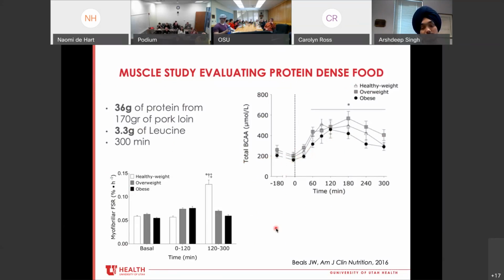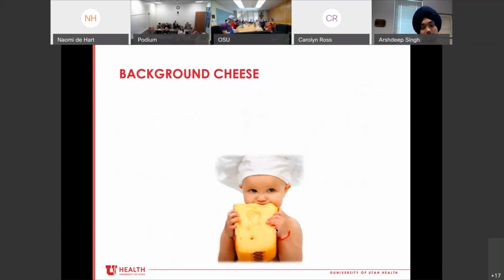So for my project, we wanted to look at cheese, in particular cheddar cheese. This whole food is more likely to be consumed by the general population, by the public, than other protein fractions. About 11 pounds per year per capita of cheddar cheese is consumed in this country. It's high in leucine content.